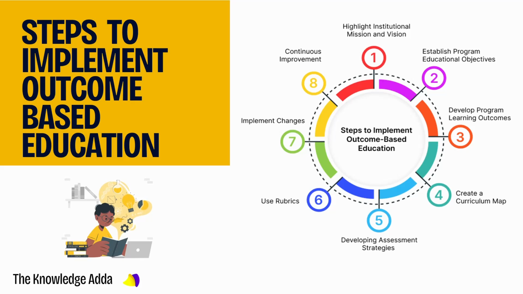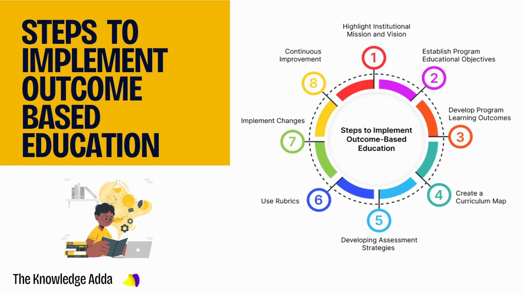Now, if you want to implement outcome-based education in a university, college, or any course, there are 8 factors. That can be more than eight, also can be less than eight. But these are some standard steps by which you can implement.